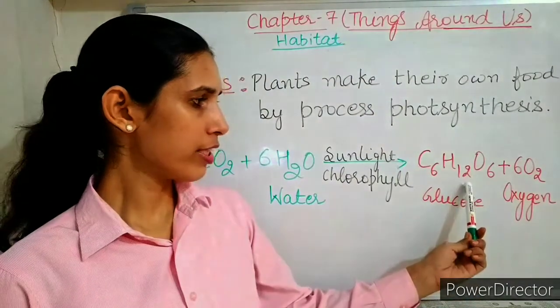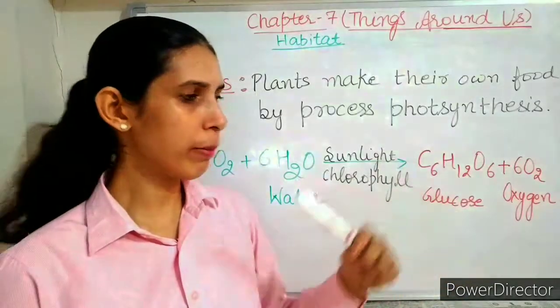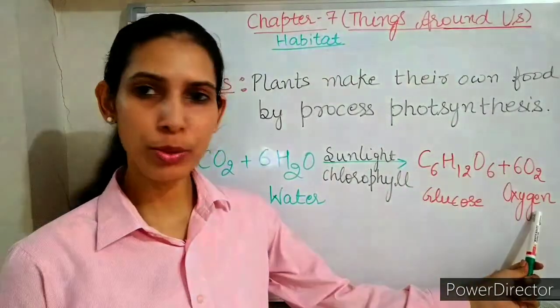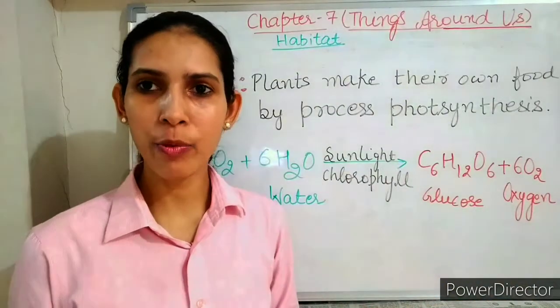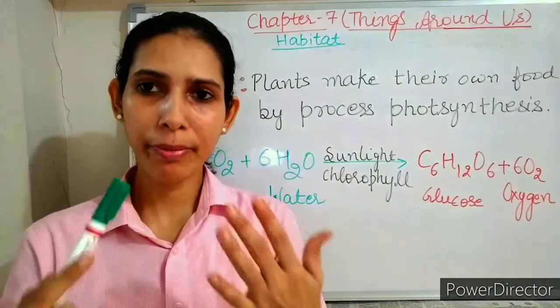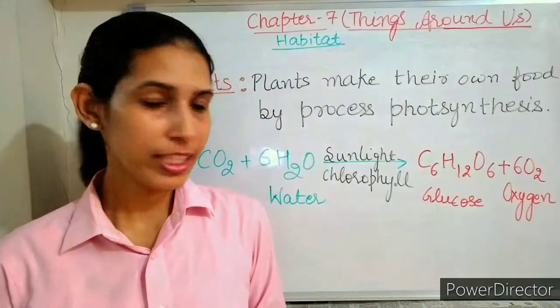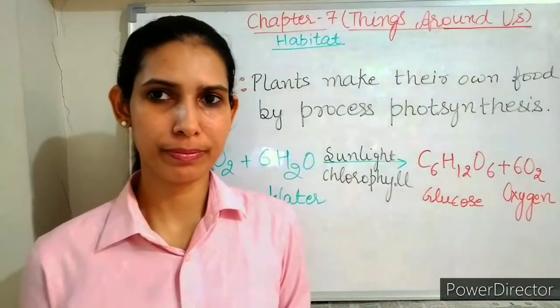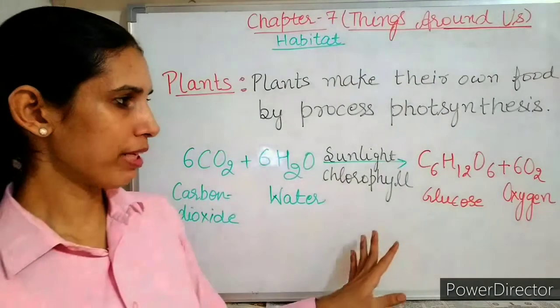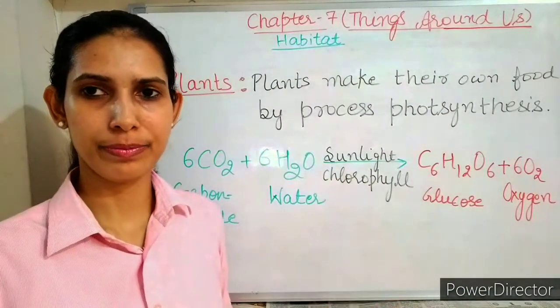This glucose is the food of the plants, and the oxygen produced as a result of photosynthesis is released in the environment. We know that we breathe in oxygen and this oxygen is released by the plants in the atmosphere. I hope till here it is clear.